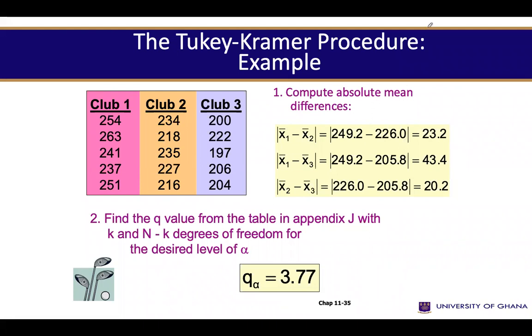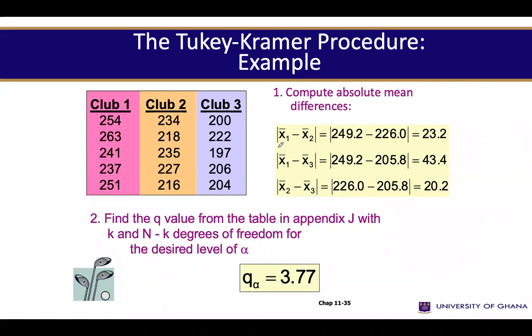So when we have that, we would just continue with what we are doing. We're going to take the absolute mean differences.